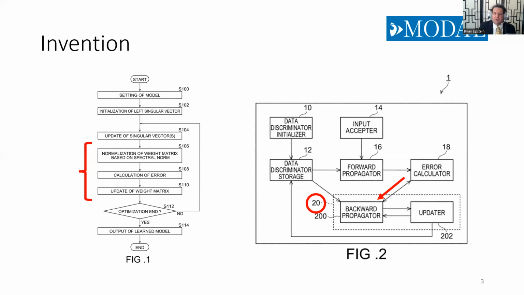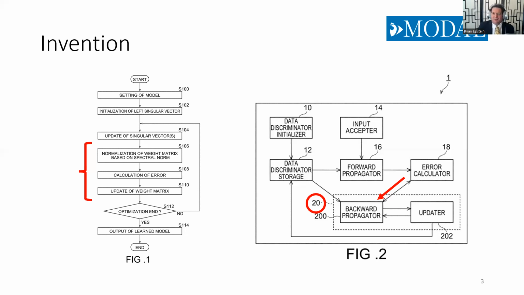The error calculation includes 3 steps. This is set forth in the pre-grant publication at paragraph 65. Initially, a first inference result of whether the correct answer data is correct answer data is acquired.